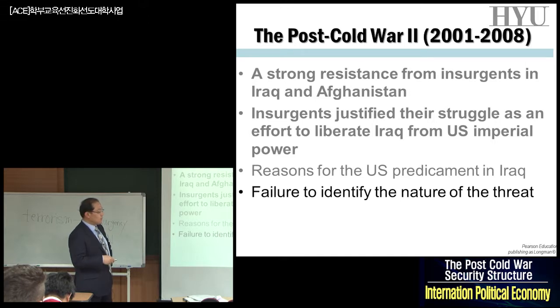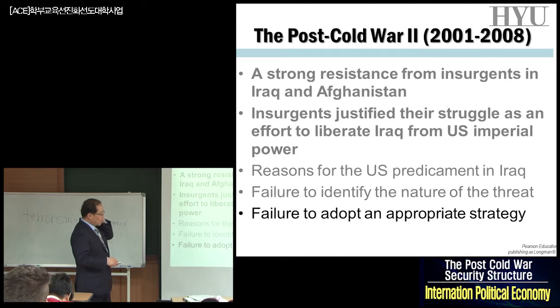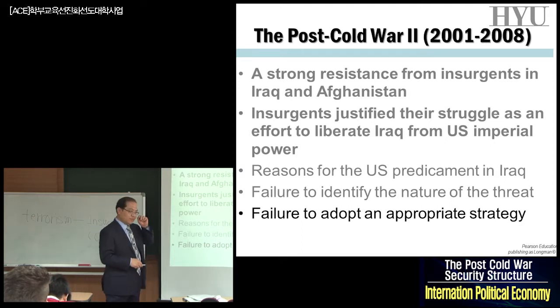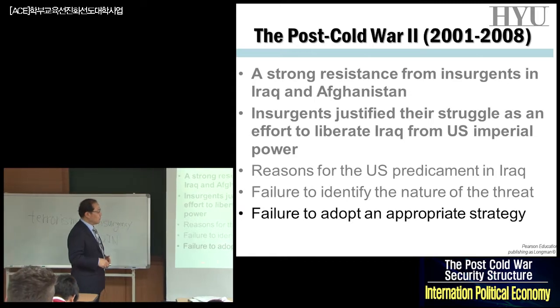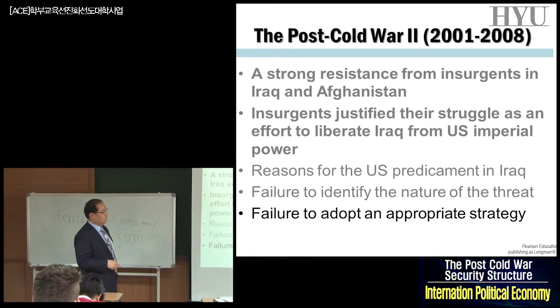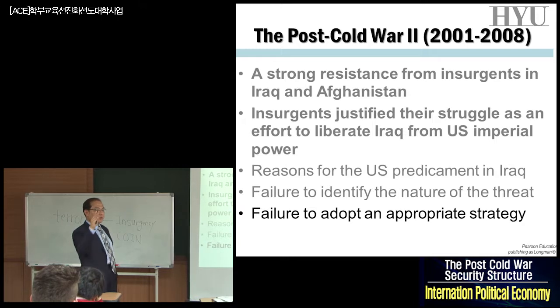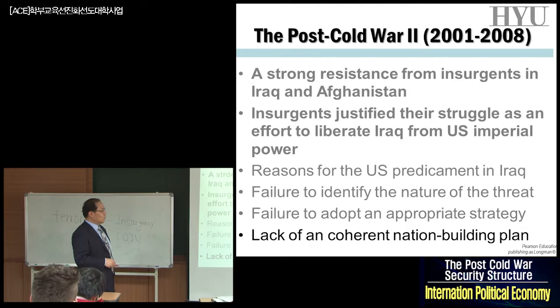The nature of the threat is not terrorist. America failed to make a distinction between terrorism and insurgency, and failed to adopt an appropriate strategy. They have a much too broad conception of terrorism, and a lack of a coherent nation-building plan, like I said, for both Iraq and Afghanistan.